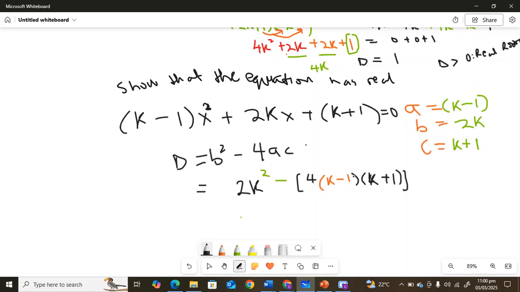Now here there are many ways you can do it. If you want to distribute, 4 times k minus 1, then you expand. Or you can expand these brackets, then distribute the 4. Which one are we comfortable with? Well, the 2k squared is by itself, so it's okay.